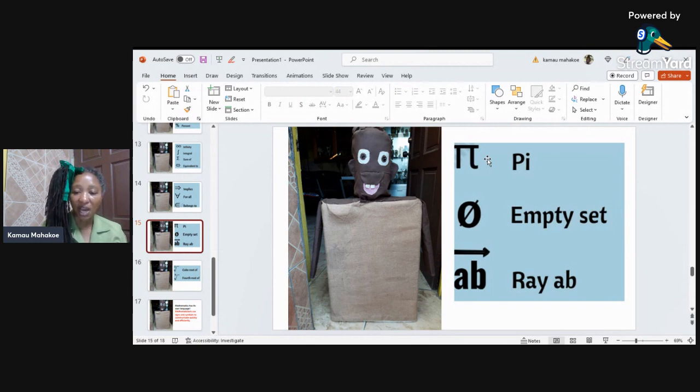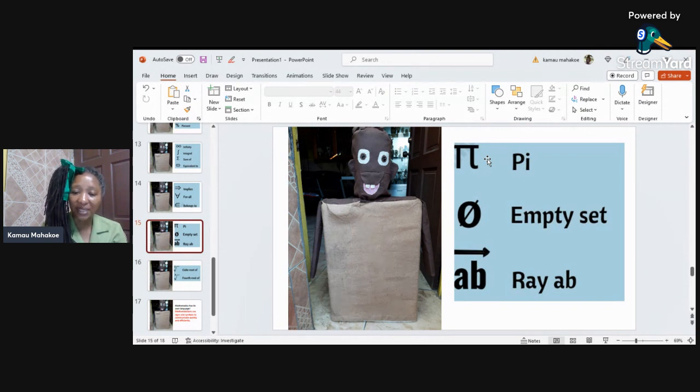It's actually a Greek letter, a letter in the Greek alphabet. The name of the letter is pi. In mathematics, this symbol is used to represent a particular quantity. And this quantity is 3.14 in terms of decimal, or 22/7 in terms of fraction.